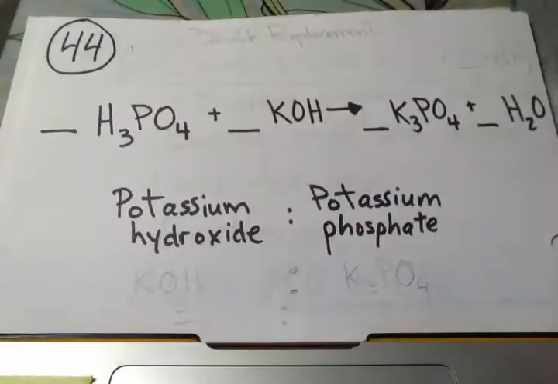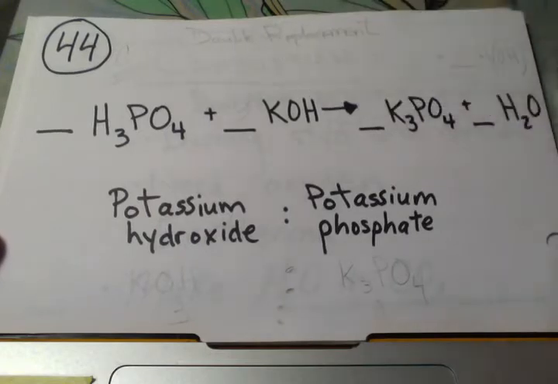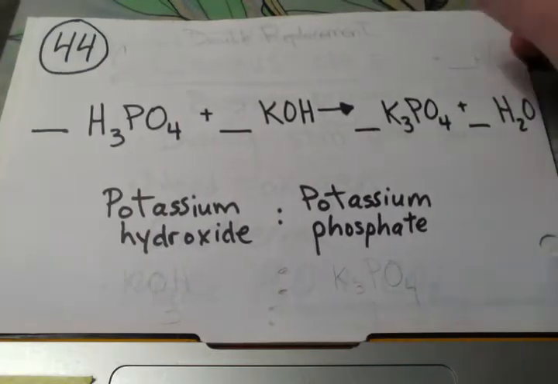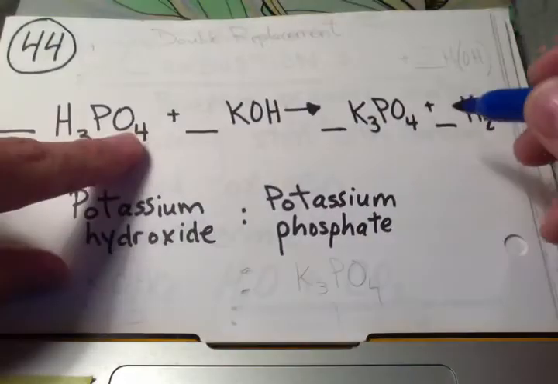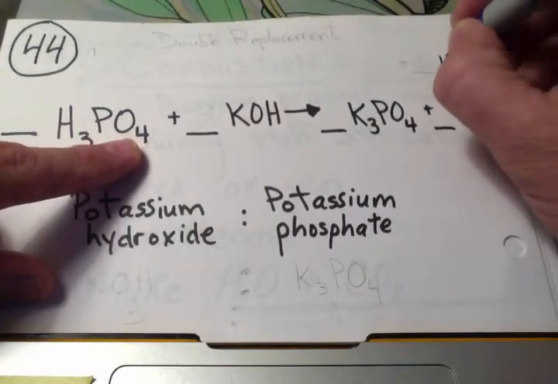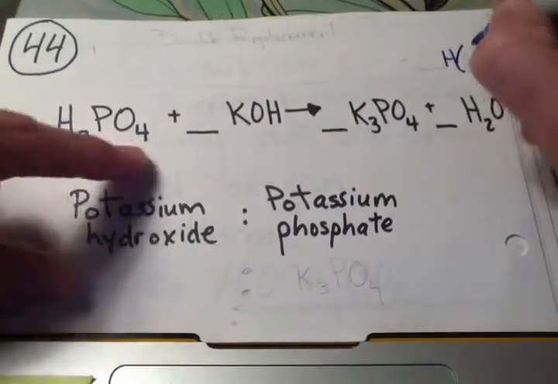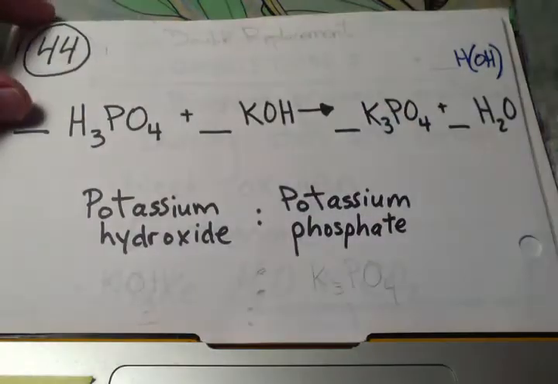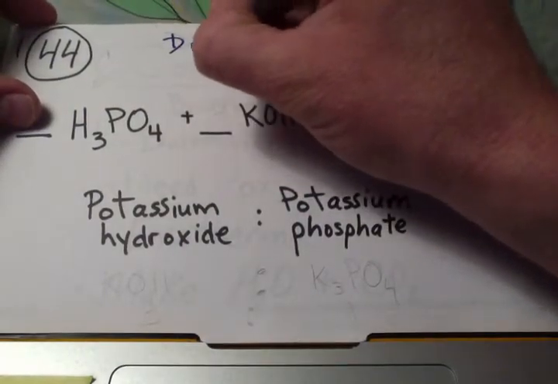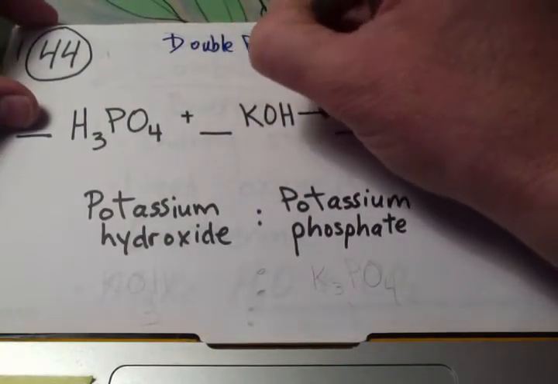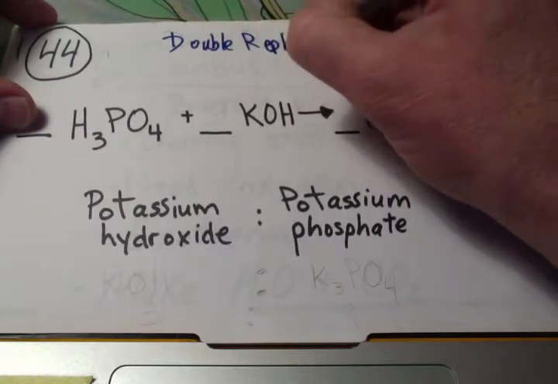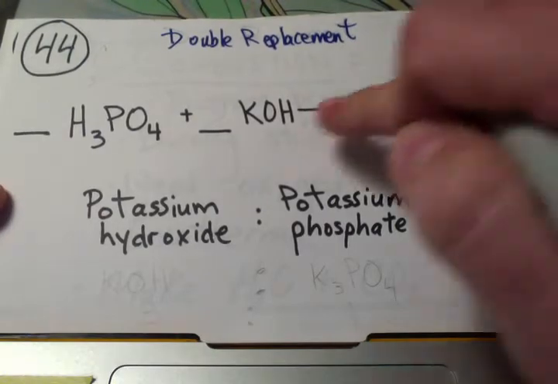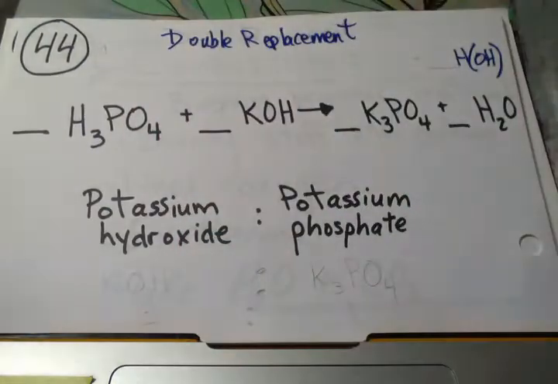Okay. A couple things. This is hydrogen phosphate, potassium hydroxide, potassium phosphate, water. It doesn't jump out at you right away, but on these, you can write water as HOH. When you do that, then to me it's easy to see how this is a double replacement reaction, because the hydrogens and the phosphates switched, however you want to look at it.